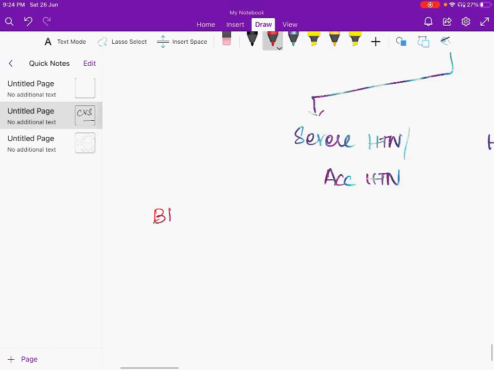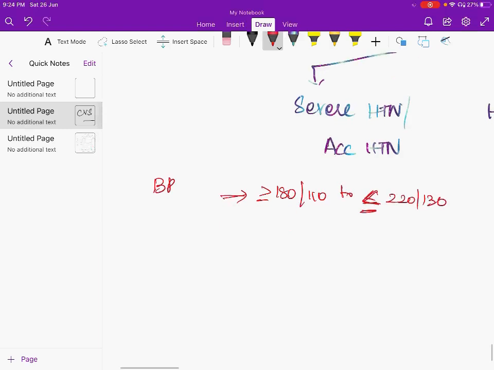So severe hypertension is nothing but the patient is having a BP of around 180/110 to less than or equal to 220/130 with no end organ damage.